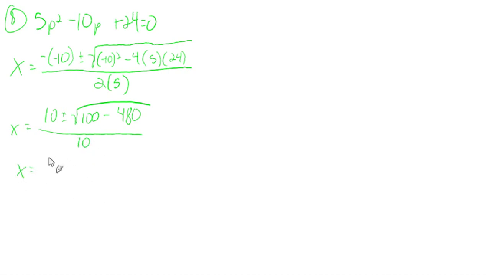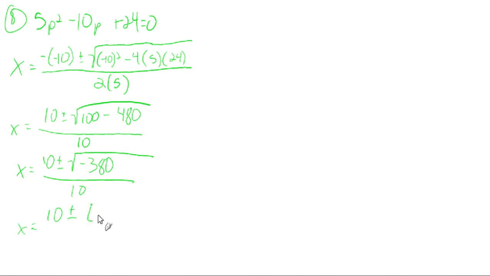x equals 10 plus or minus the square root of negative 380 over 10. So x equals, let's see, we need to simplify this some, so we'll have first i, right?